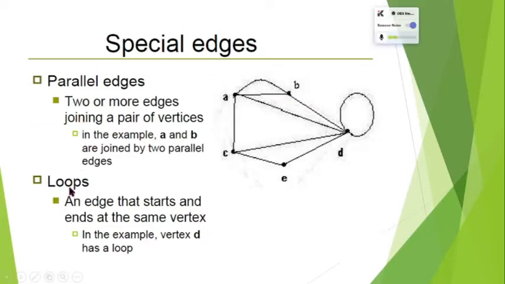Next, loops: an edge that starts and ends at the same vertex. In this graph, we can say that vertex D has a loop because it started with vertex D, then ends with vertex D. That's an example of a loop. Okay, now let's go with the next slide.